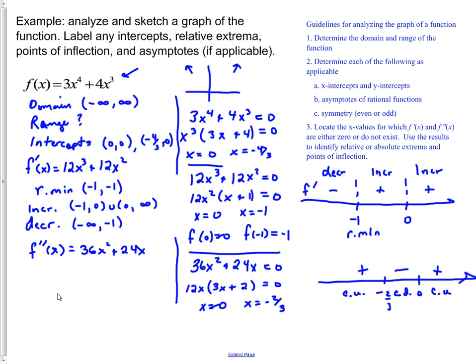So looks like we have two places where we have change in concavity. Those are points of inflection, and we would substitute those values into our original function.